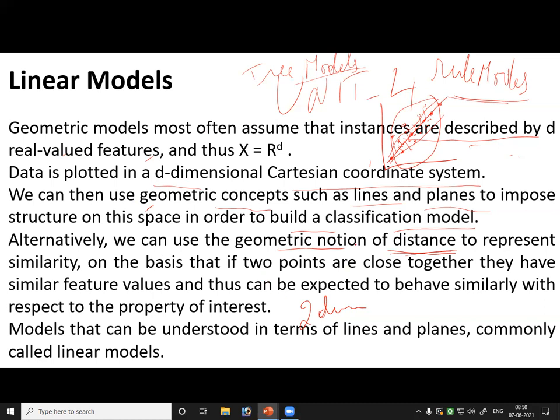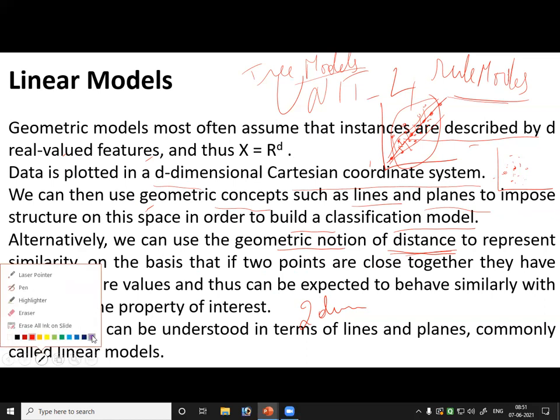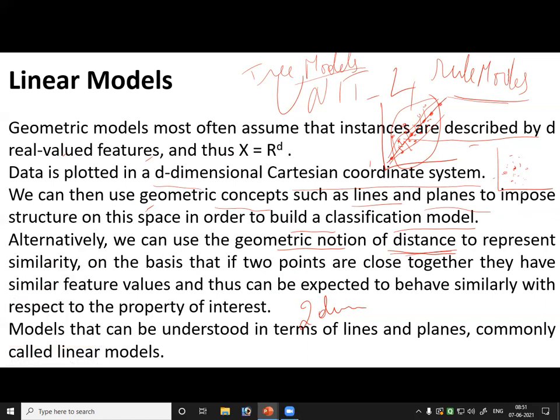This is what we are going to learn. Similarly, on the basis of points, suppose these are all the points we have, and suppose another point comes and we have to predict whether it is correct or not. We can see that 2 points nearby are positive or negative.